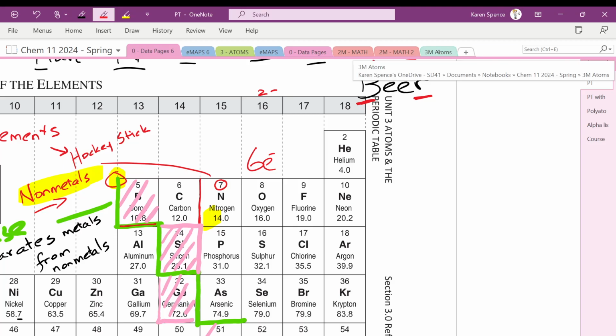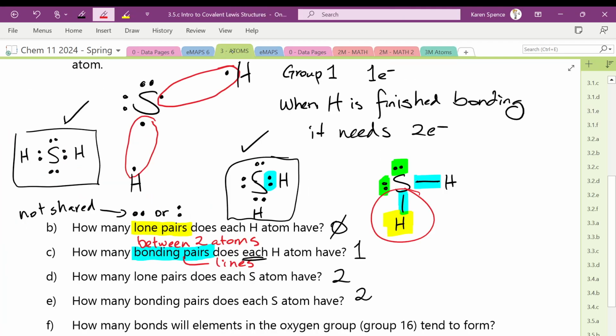So let's go back here. If I have sulfur, 1, 2, 3, 4, 5, 6. If you look here, this sulfur needs another atom to bond with it in order to get a pair.